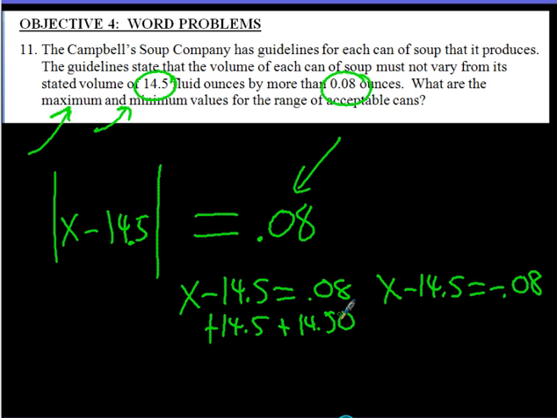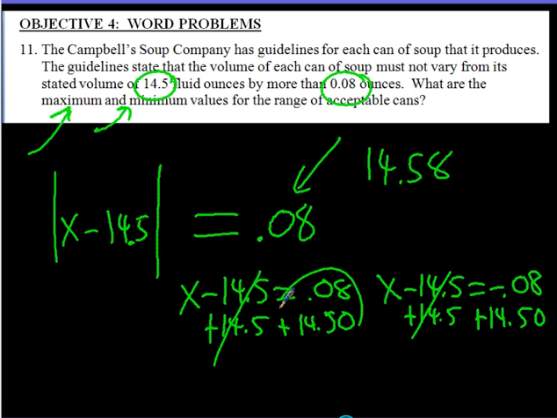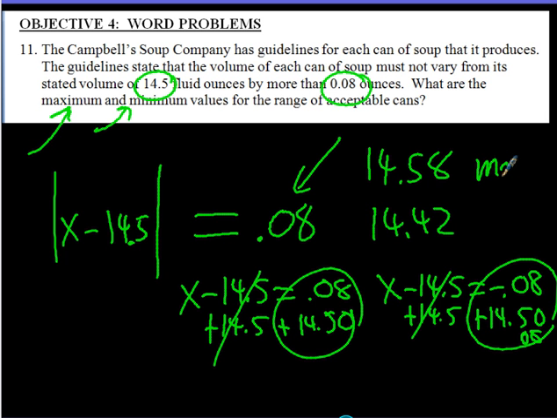I'll add the 0 because I'm doing 0.08 plus 14.5. So the 14.5 goes, and I've got 14.58 when I add, and when I subtract, I'm taking 0.08 away from 14.5, so that's got to be 14.42. So this is the maximum amount, and this is the minimum amount.